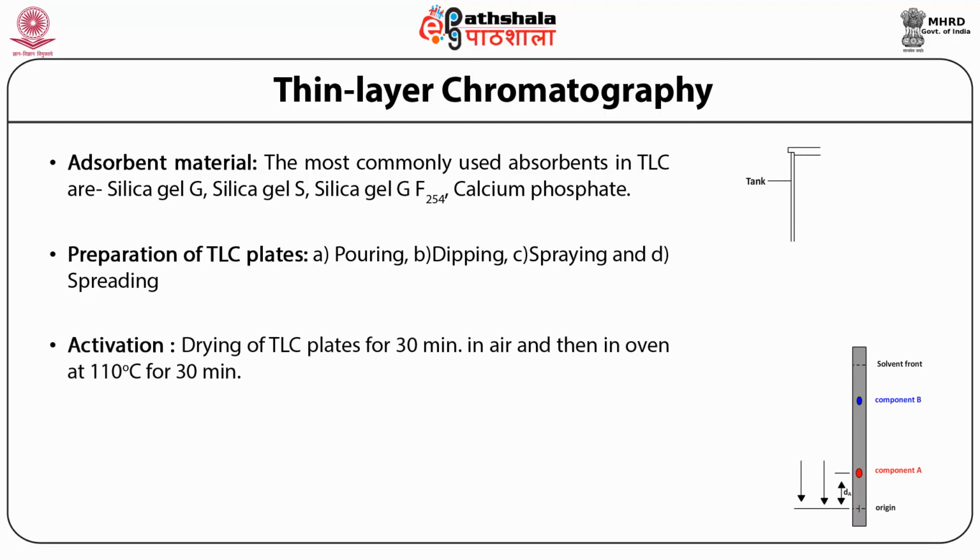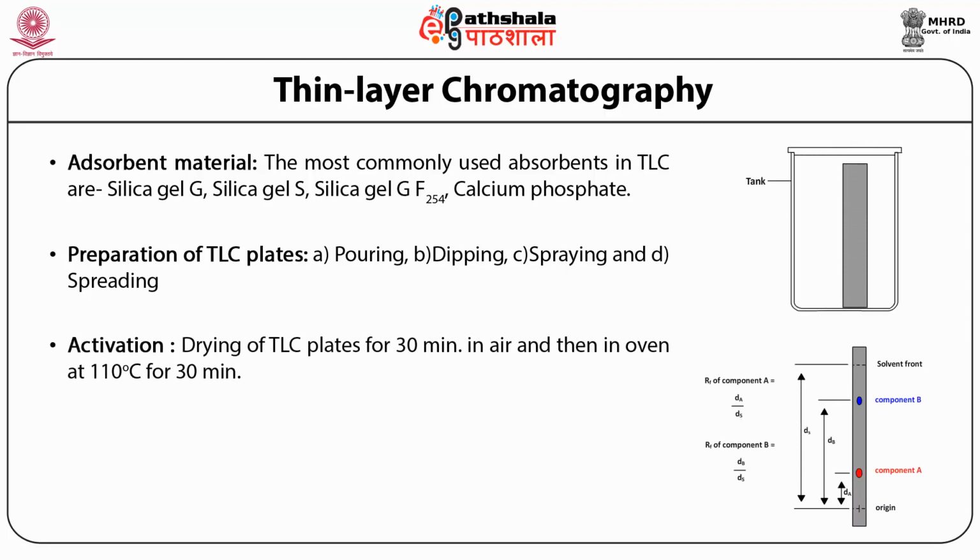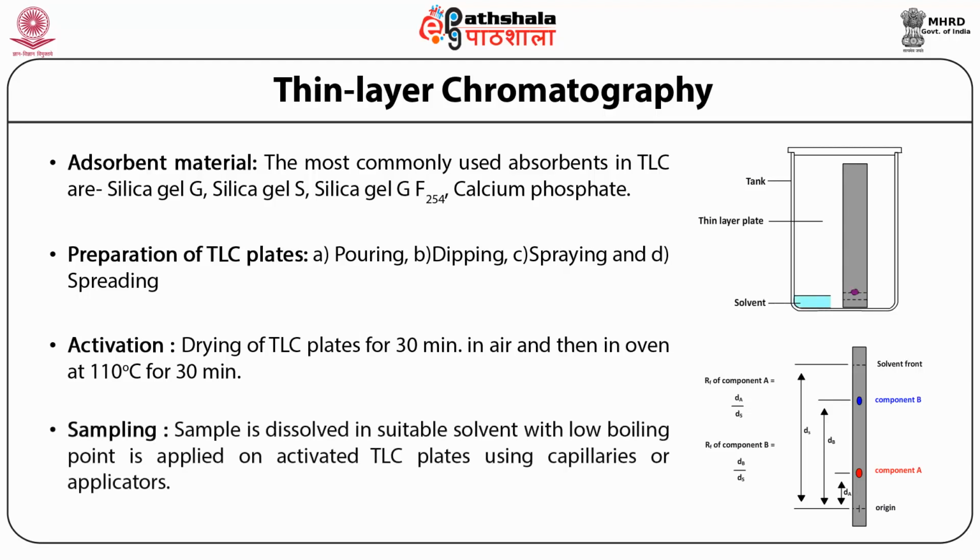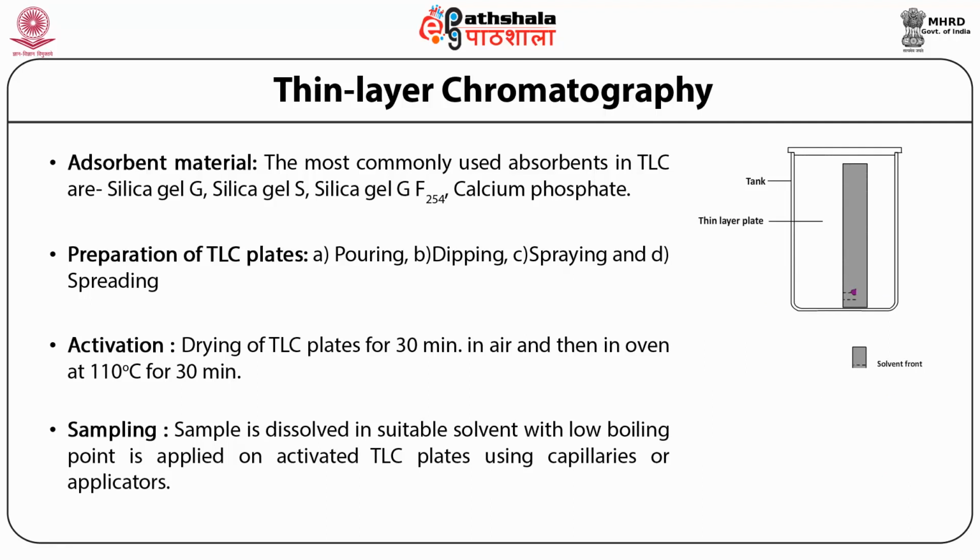Initially they are air dried after spreading, and then activated at 110 degrees Celsius for 30 minutes. Then the samples are spotted with the help of a capillary, and the plate is dipped in a trough or chamber as shown in the upper panel. Solvent is present at the base, and the spots get resolved on the basis of relative differential affinities.